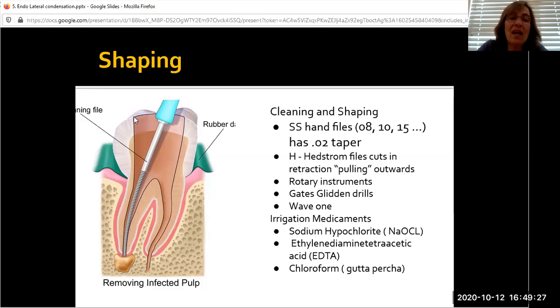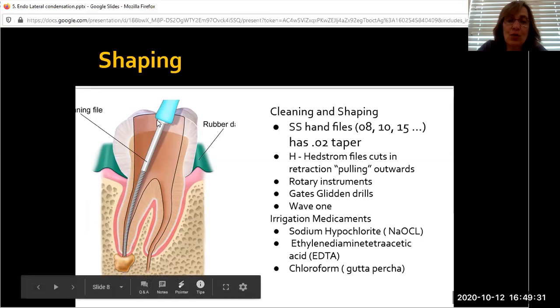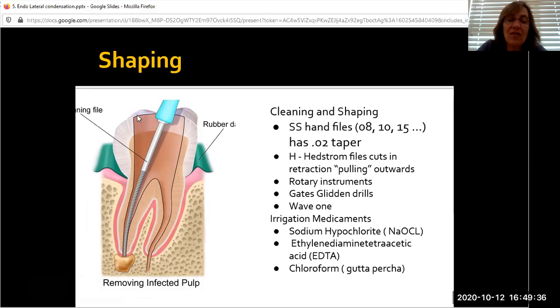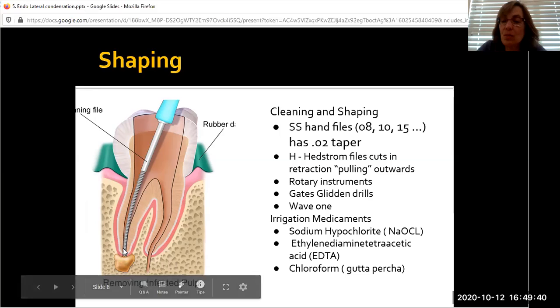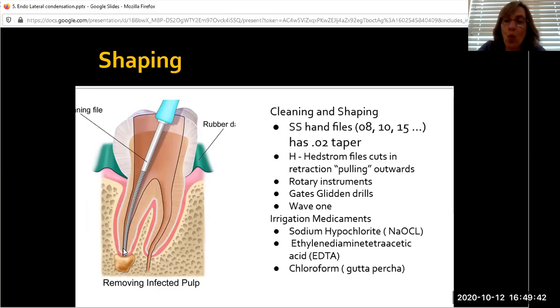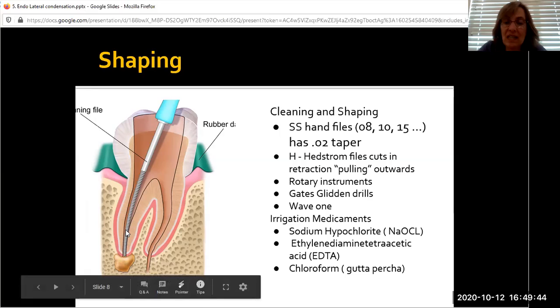The stopper and the reference point, no matter what file goes into the tooth, need to always coincide. Because the first file that you put in, you are going to be determining your working length. And we're going to get into that.